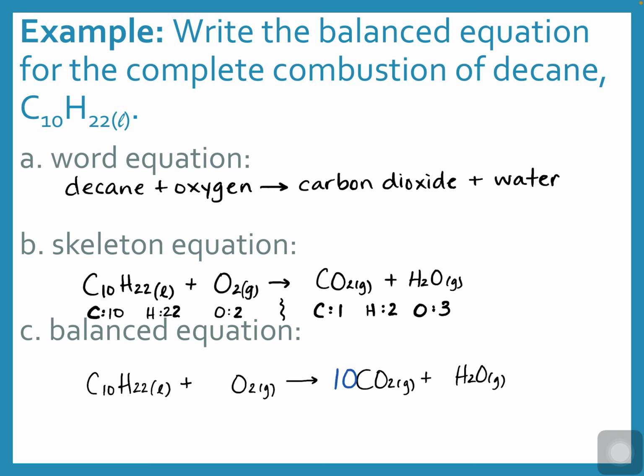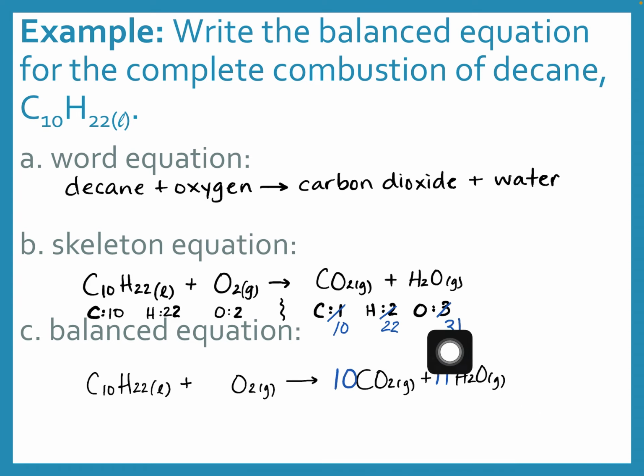So I have 22 hydrogen in the reactants, and they come in groups of 2 on the other side. So 11 groups of 2 will give me my 22. So I now have 22 hydrogen and I have 10 carbon. And this has also given me 10 times 2 oxygen, so 20 there, and 11 times 1. So 20 plus 11, which means I now have 31 oxygen.